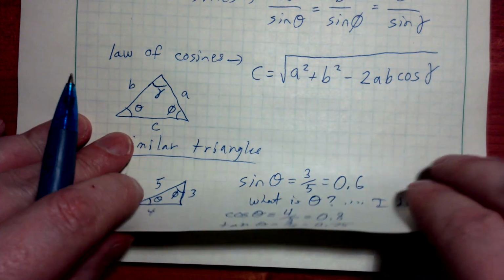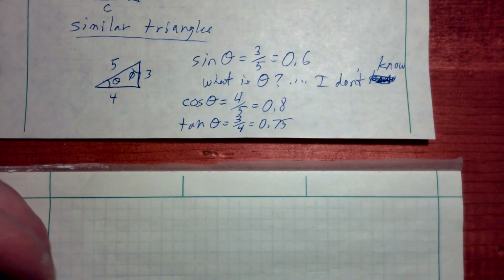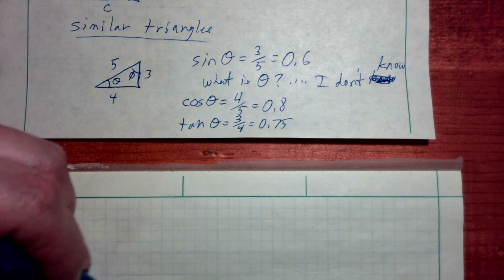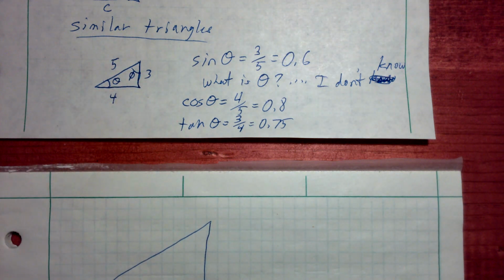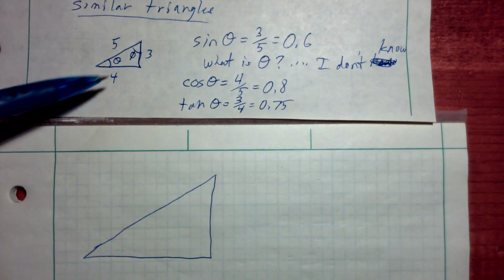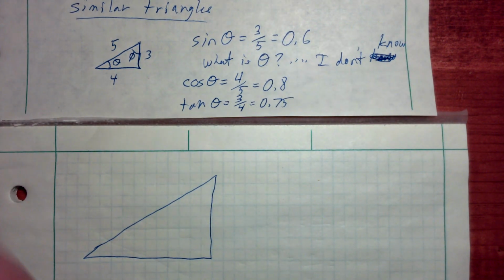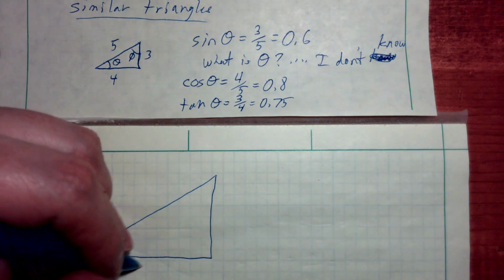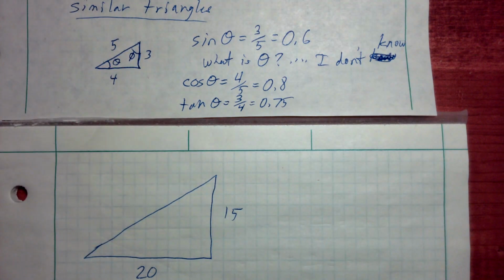Now, how is this helpful? Well, this is a similar triangle. So let's say I've got a triangle. Any scale of a 5, 4, 3 triangle will work here. So let's say I've got a triangle that is 20 by 15.